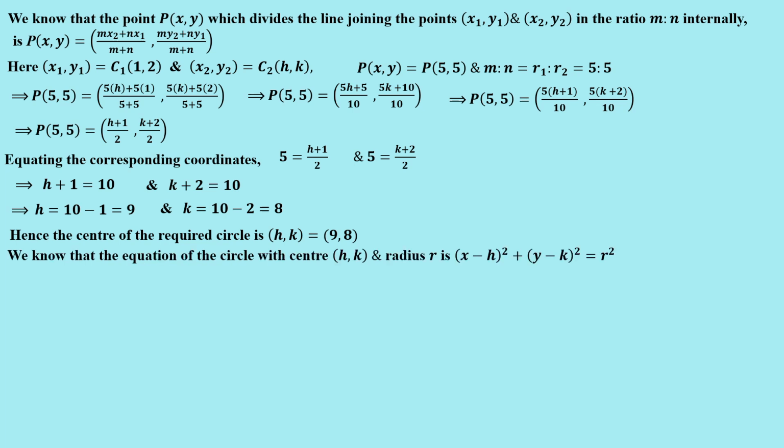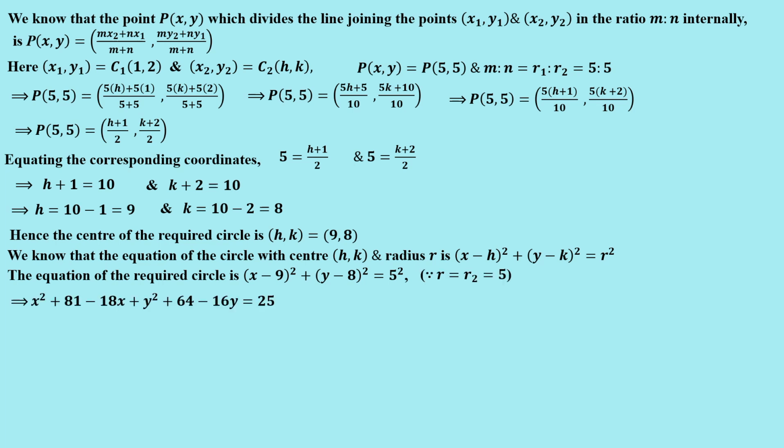So we know that the equation of the circle with center h comma k and radius r is (x minus h) the whole square plus (y minus k) the whole square equal to r square. So the equation of the required circle is (x minus 9) the whole square plus (y minus 8) the whole square. The required circle radius is 5, that is what they have given, that is r2. That is equal to 5 square.